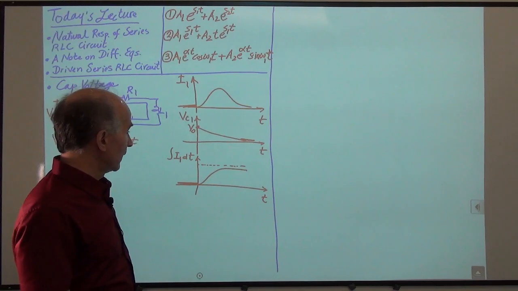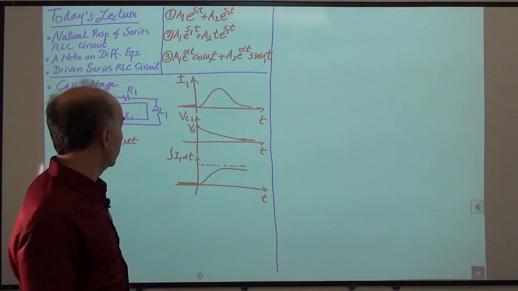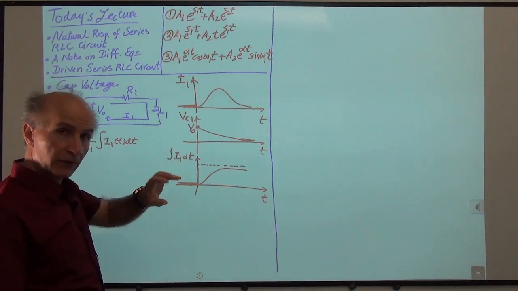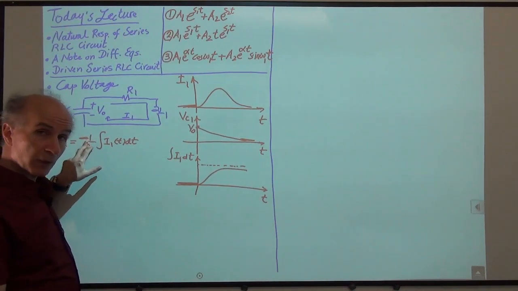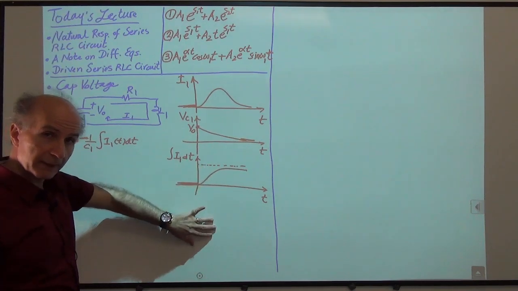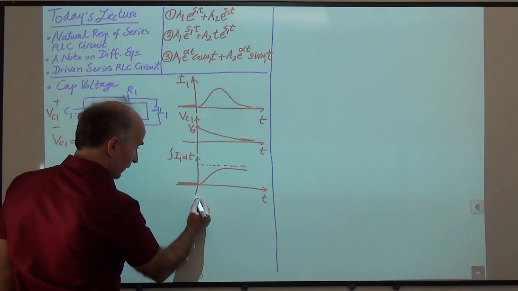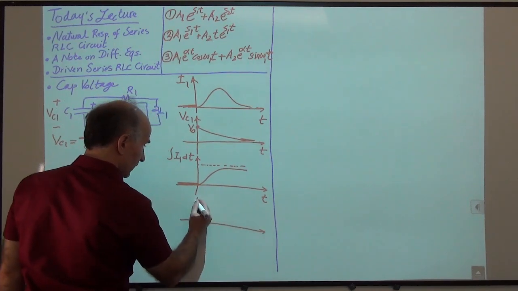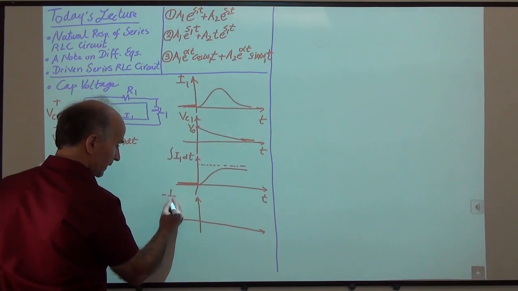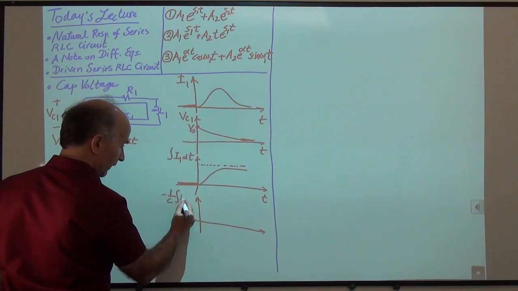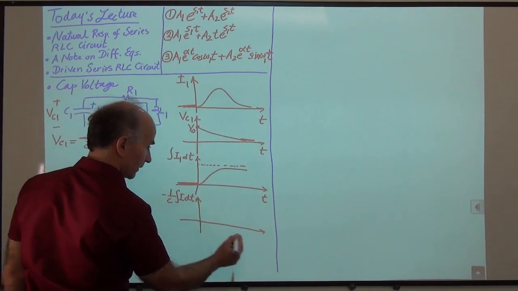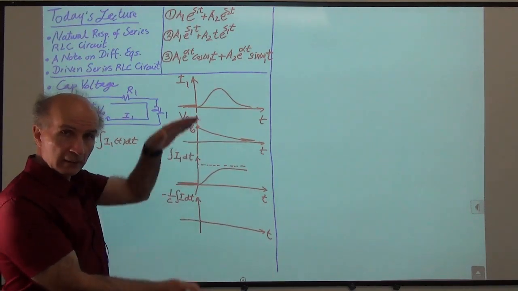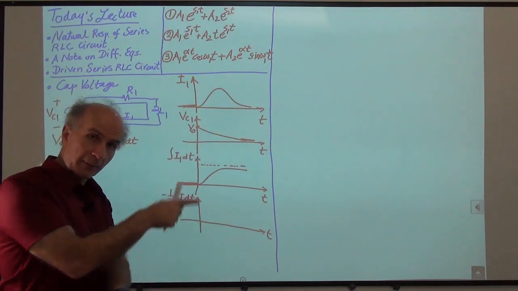All right? Okay, so now the equation says divide by C1, so that's just the scaling factor, and then multiply by -1. So this has to be flipped upside down. So this procedure tells us that -1 over C1 integral of I dt will be this waveform here, scaled vertically and then flipped upside down.